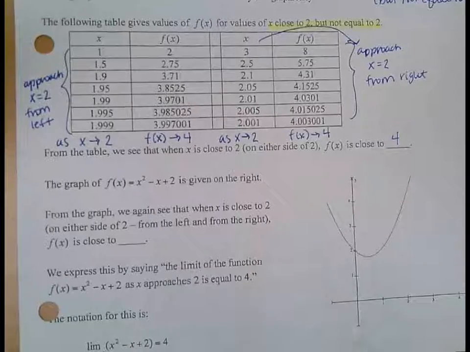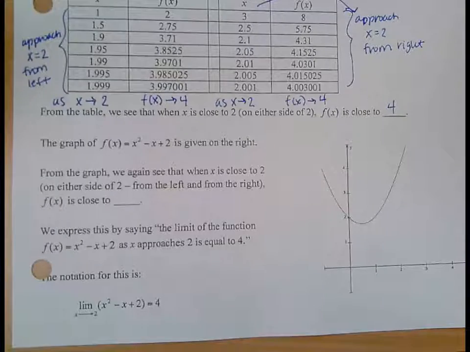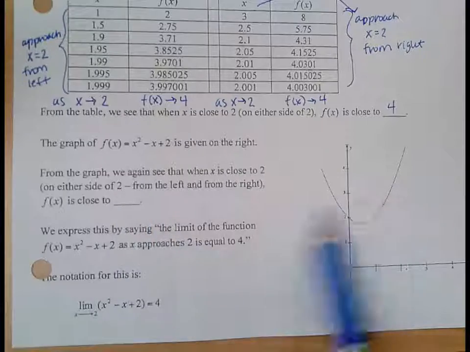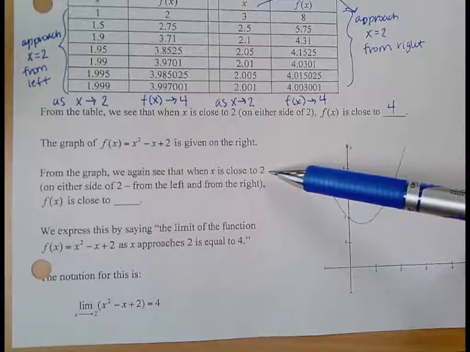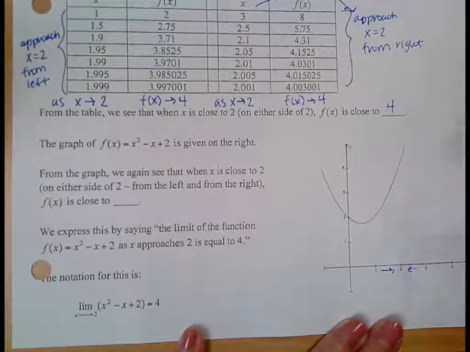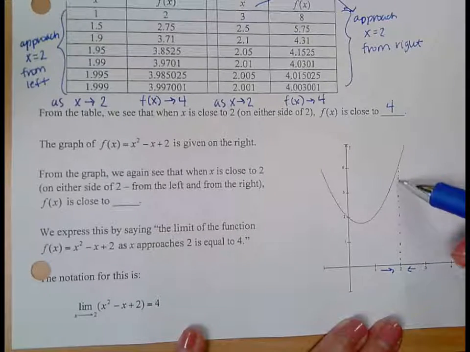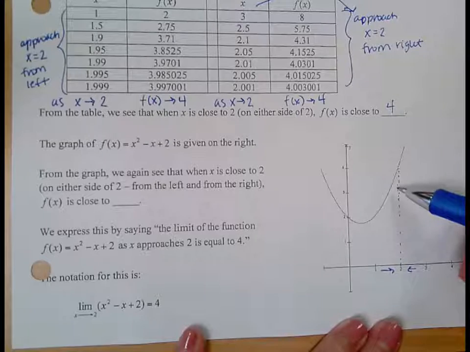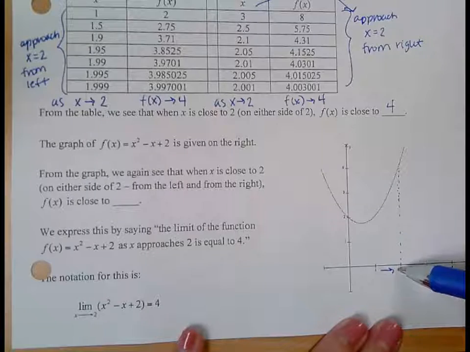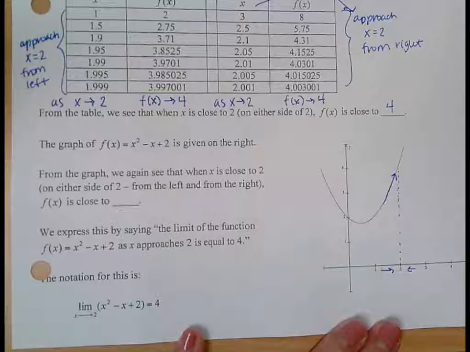Then if we were to look at this graphically, you could make this graph on your graphing calculator or any graphing device, but I did include it here, so the graph is given. From the graph, what we're looking for is, as you approach 2 on the x-axis, you then look at the curve to see, okay, from the left side of 2, as x is approaching 2, what is the y value approaching on the curve?